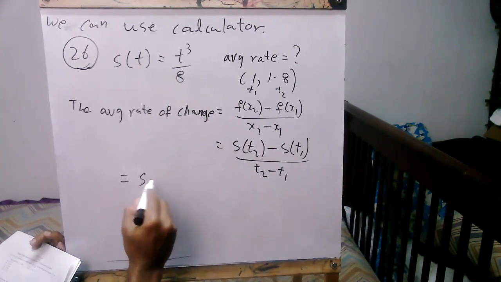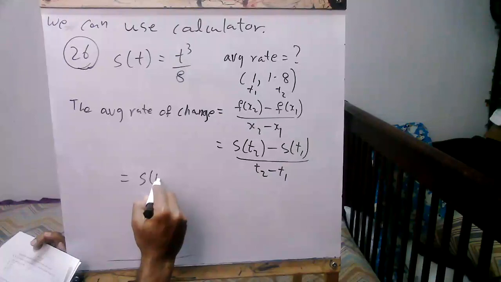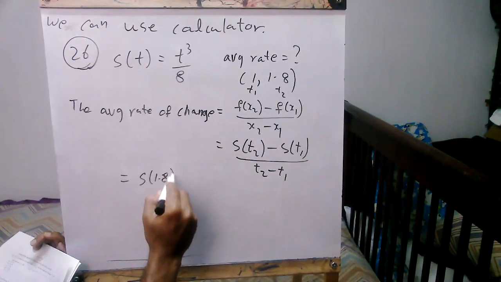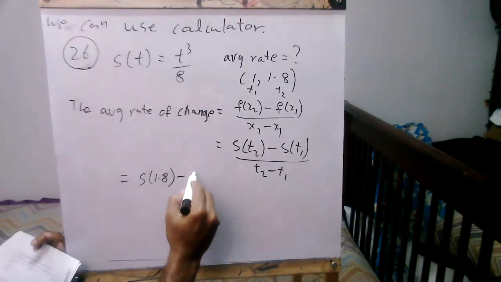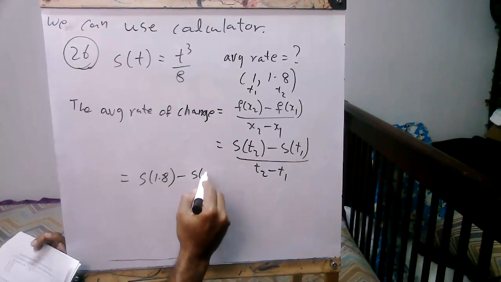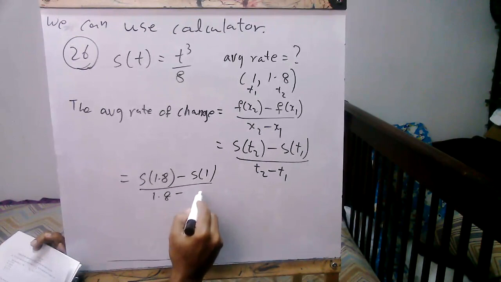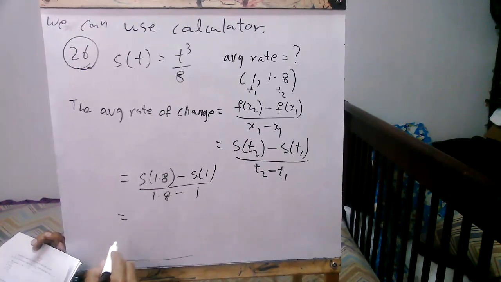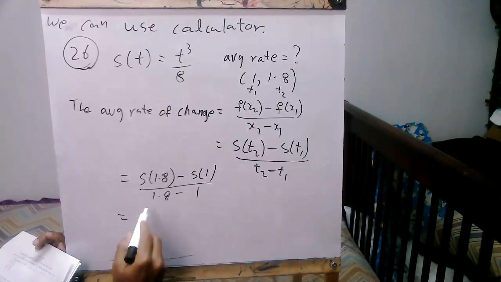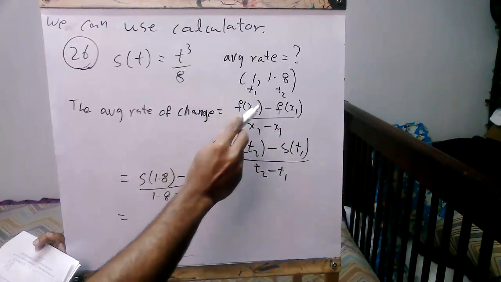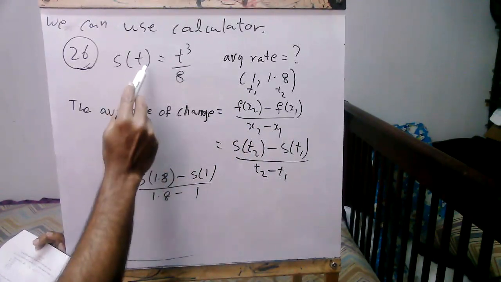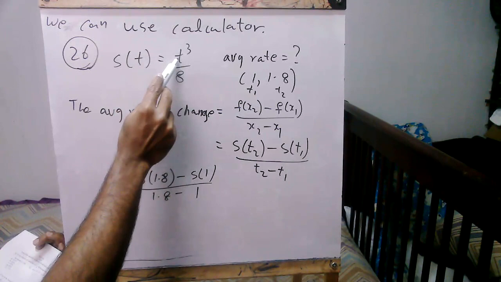As t2 is 1.8, s(1.8) minus s(1) divided by 1.8 minus 1. When we substitute, 1.8 means we have to substitute 1.8 here.